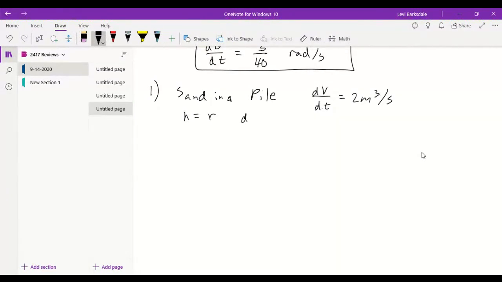And we want to know how fast does the radius change when the radius is equal to 5 meters. And just so you have it, this is the volume of a cone with radius r and height h. So go ahead and try that one out.